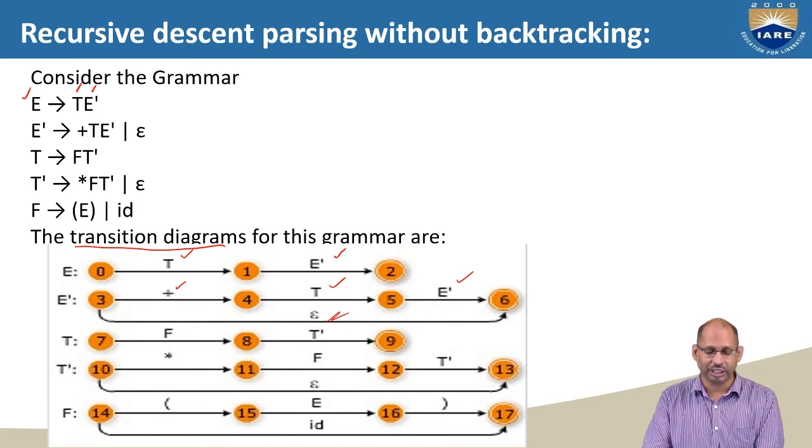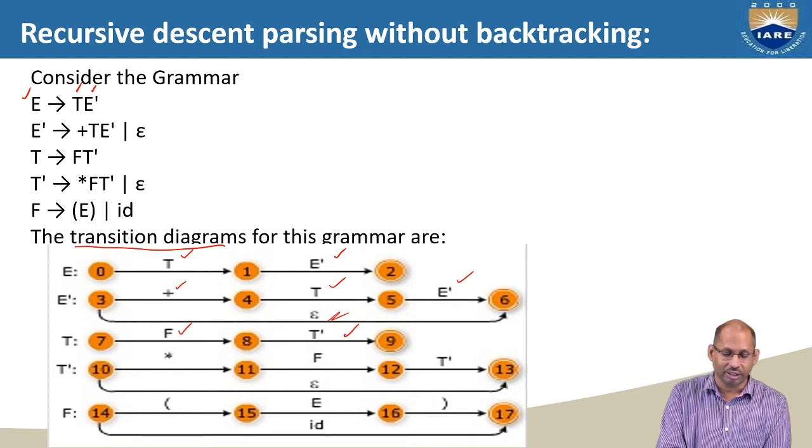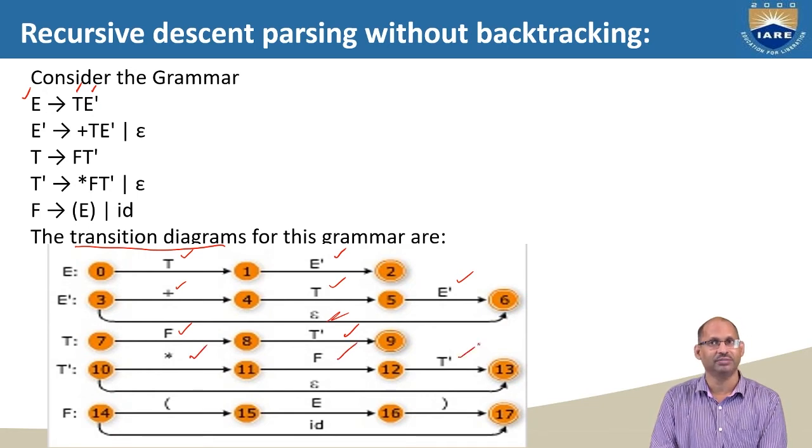Then for the T function, F and T dash. Then the T dash function: multiplication, F, T dash. If it starts with multiplication, it must be followed by function F and function T dash. Otherwise, it may be skipped by using epsilon.